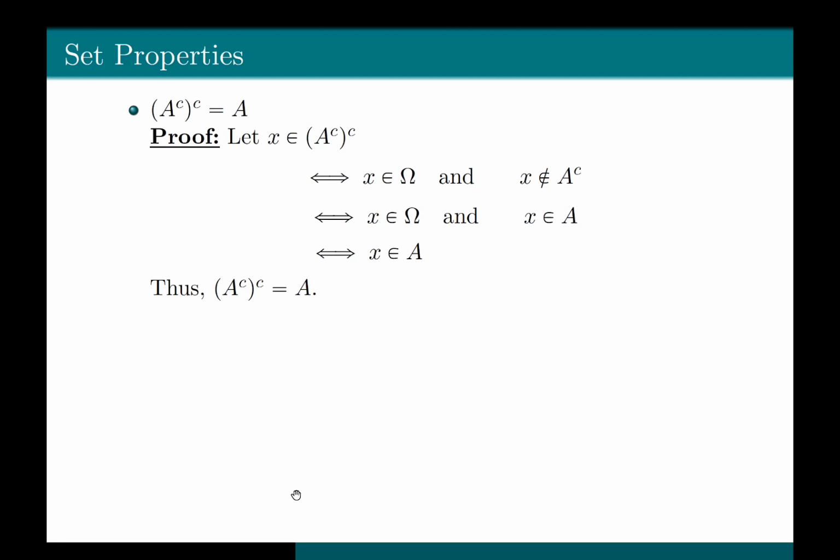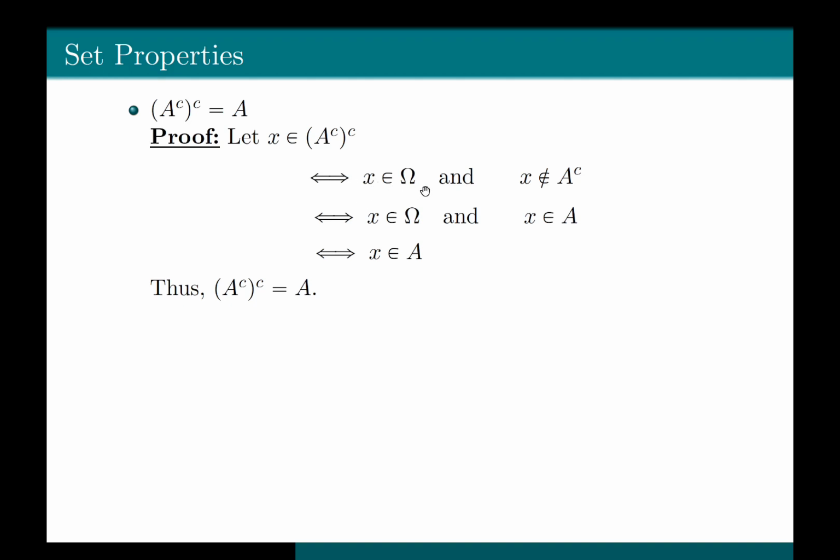Now see, we have used the if and only if condition, which means X belongs to A complement implies this, and if you have this condition, it implies X belongs to A complement. Both these statements imply each other.